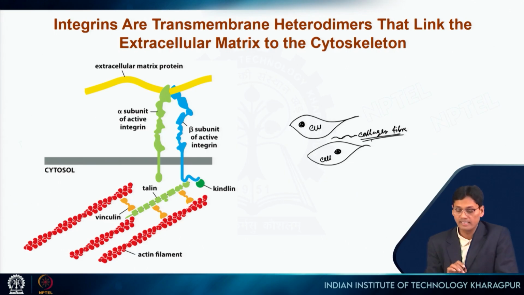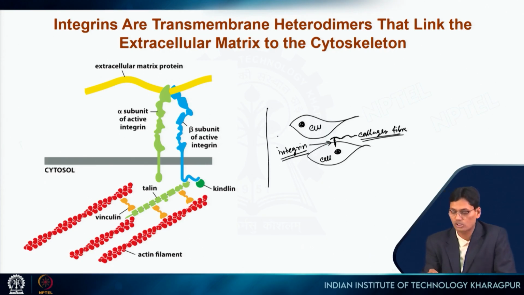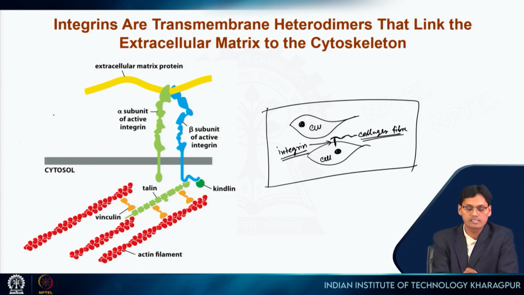What I am trying to say is that on the cell surface you have a protein called integrin, and this integrin is attached to a protein present in the extracellular matrix. That way the cell stays together with the extracellular matrix. This is very important, just like cell-to-cell adhesion. That is why I provided this context, so that you can understand this figure.